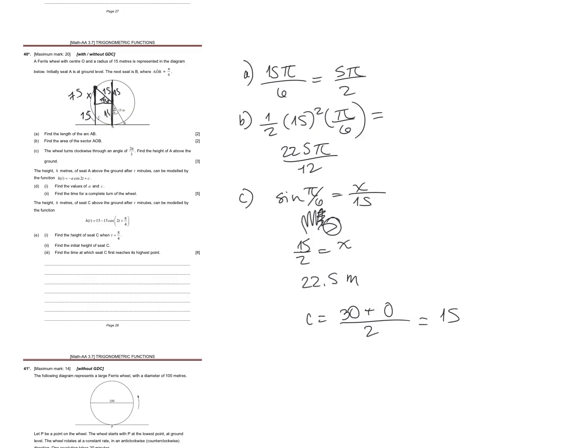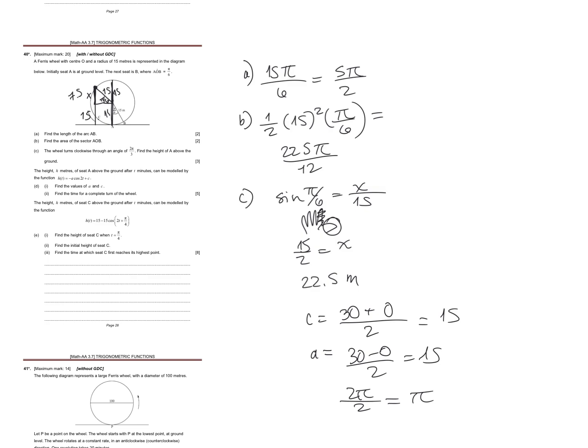So C is 15 and A is going to be 30 minus 0 over 2, so also 15. Okay, then find the time for a complete turn of the wheel. So we've got 2 pi over 2, which is pi. So I think that's 3.14 minutes to go all the way around, from min to a min.